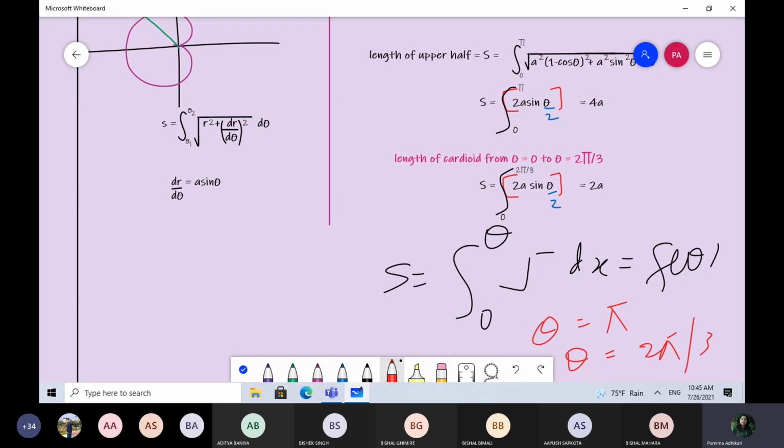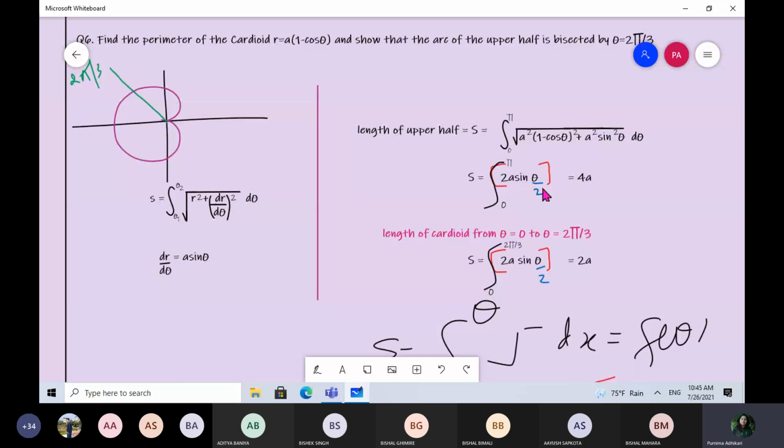Whatever you feel like, or you just do one thing: from the start take 0 to pi, get your final function of theta, apply the 0 to pi limits of integration, and then put 0 to 2 pi by 3. Whatever you want to do, just carry on doing this, all of you complete this. I have just mentioned the first and last step.